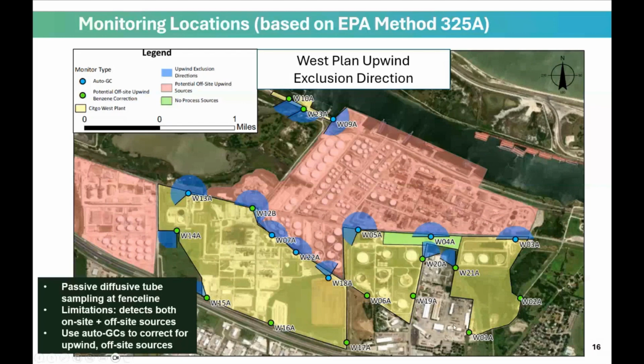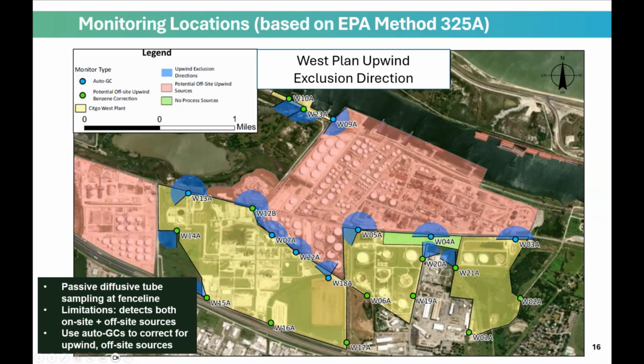So this map here is from CITGO's SSMP and shows the locations where benzene sampling was conducted. Again, the shaded yellow region is CITGO's facility, and the pink shaded area is representing the neighboring facilities that they suspected of being offsite upwind benzene source contributors.